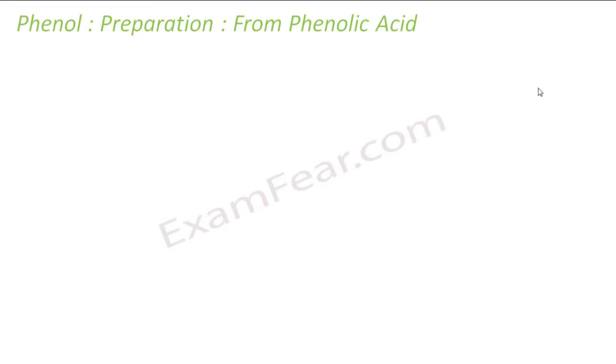Now I'll try to prepare phenol from phenolic acid. What we can do is a distillation with soda lime here. This is my phenolic acid. Please see, COO Na. Yes, this is my phenolic acid. I can react it with NaOH and CaO, soda lime.